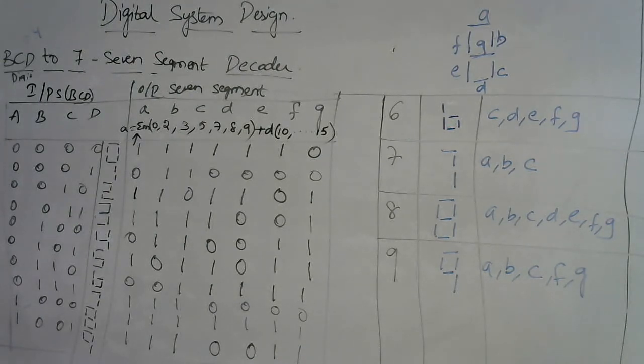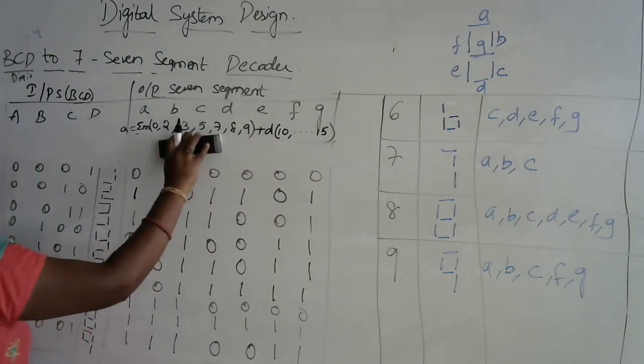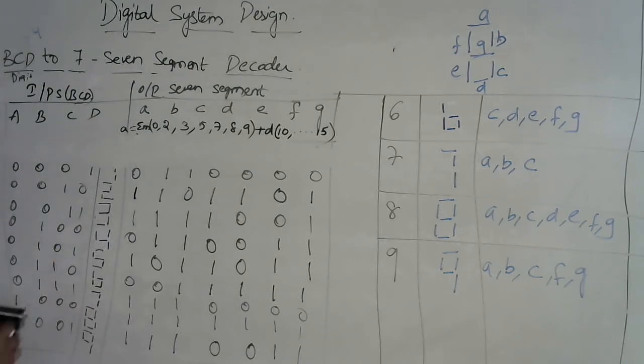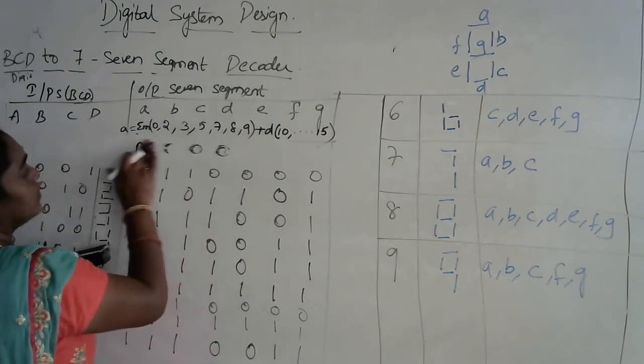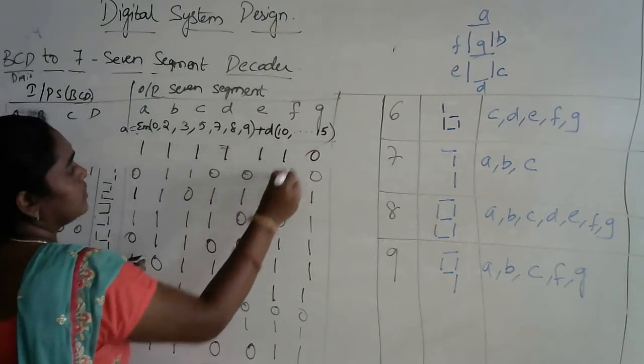Similarly, we need to write down the expression for B. As I have completed A, I am erasing the A part, as I need to write down the complete columns. For 0, I am having A, B, C, D, E, F, only G is 0.